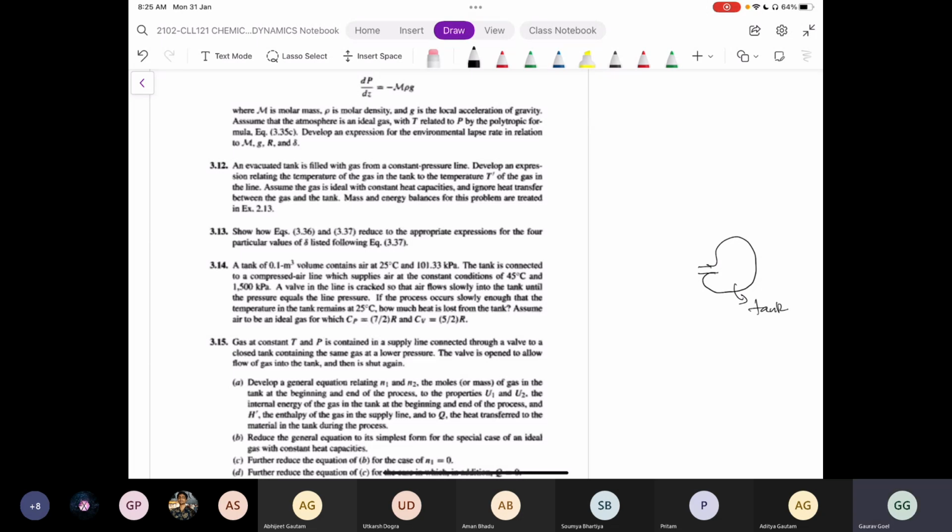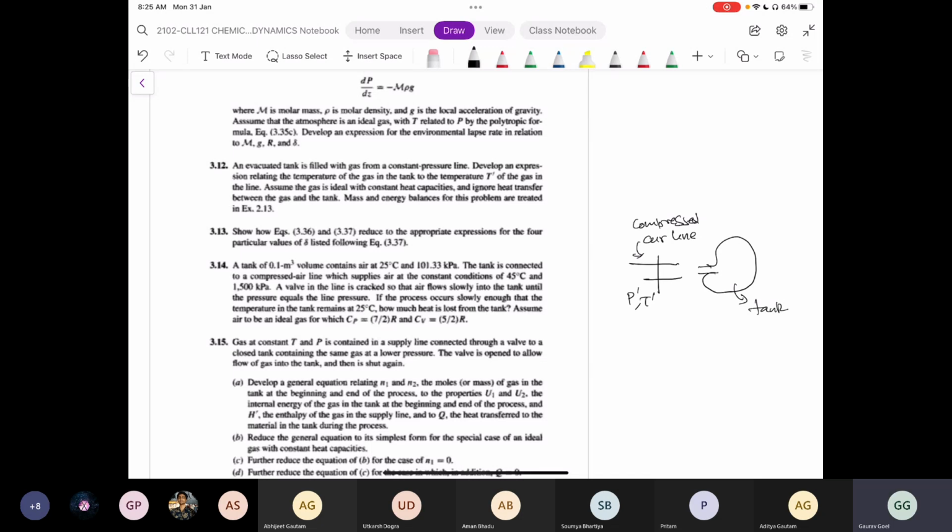So this is your tank, which is connected to a compressed air line. Let us see what else is given. It supplies air at constant P and T. So the conditions at which supply is happening are given to us.